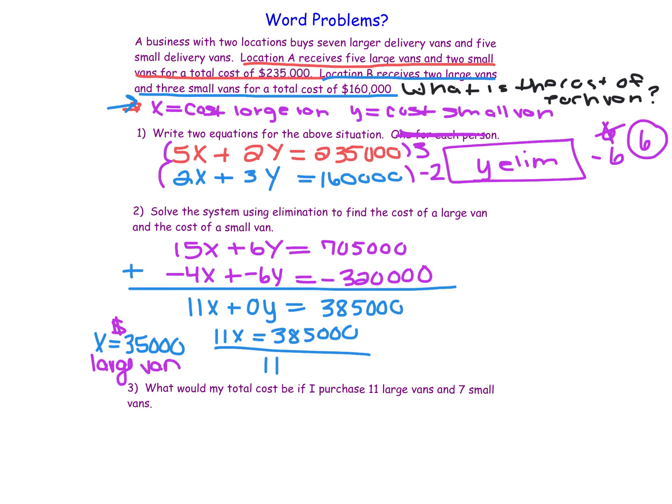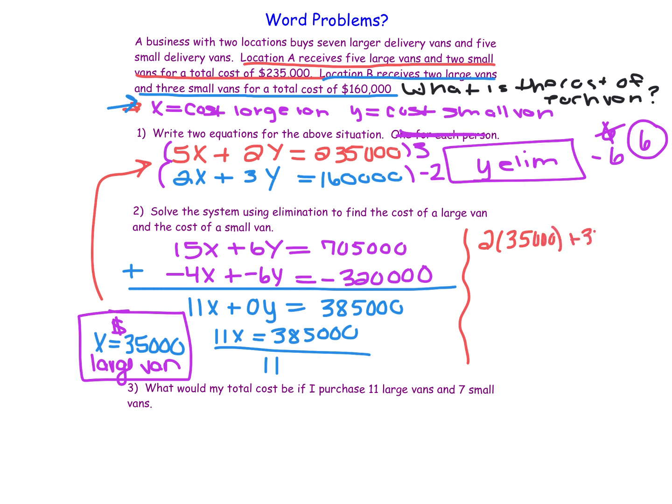So I've now found one piece of the puzzle. I know that a large van costs $35,000. So now I'm going to take this value and substitute it back into one of these two equations. It doesn't matter which one we pick, so I'm just going to pick the smaller one because it has smaller numbers. So I have 2 times the cost of a large van, which is $35,000, plus 3y is equal to 160,000.